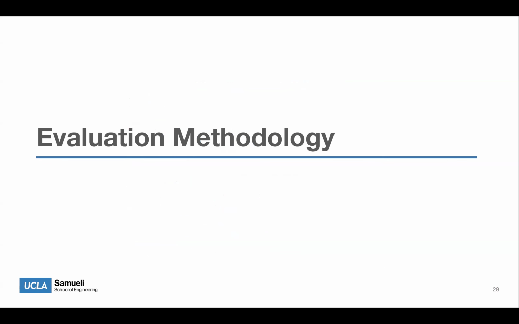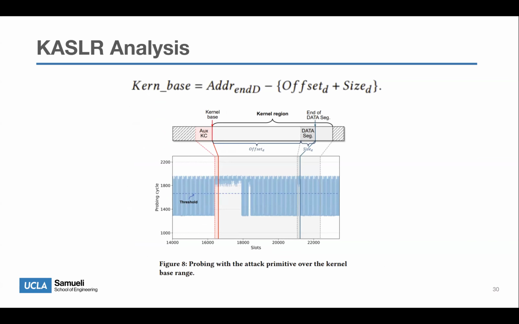Now we come to the evaluation methodology part. They find that you measure the latency. Here you can see if there is a large range of high and low latencies, that means it's an invalid kernel address. If it keeps a high latency, that means it's a valid kernel address.